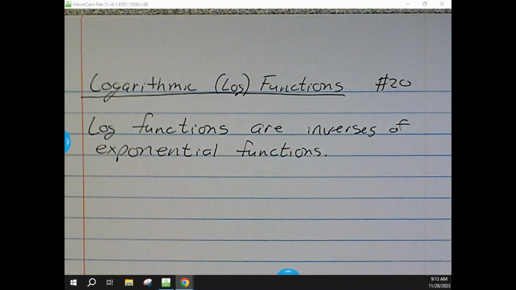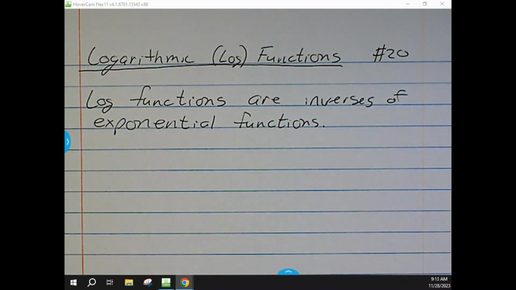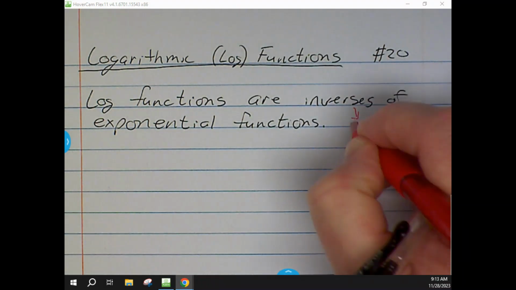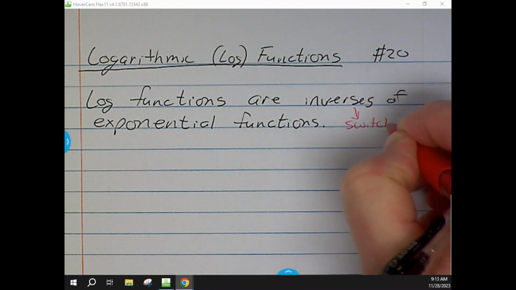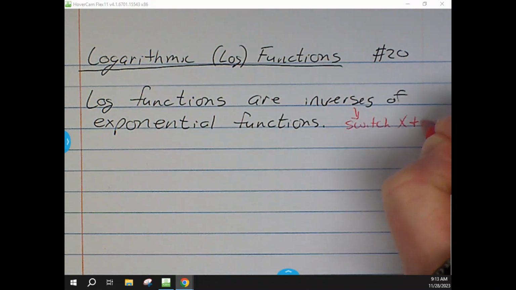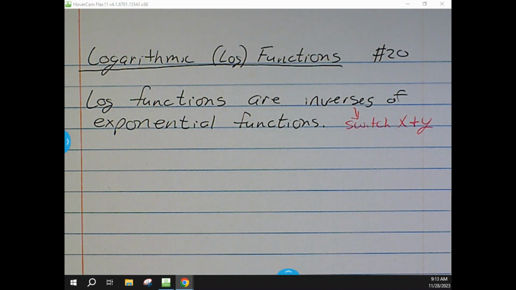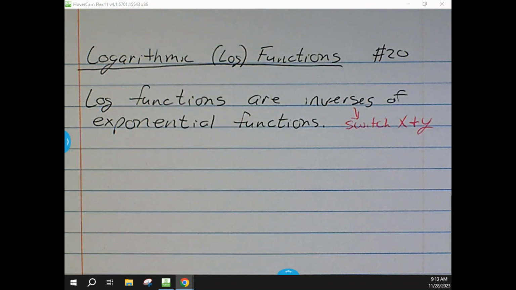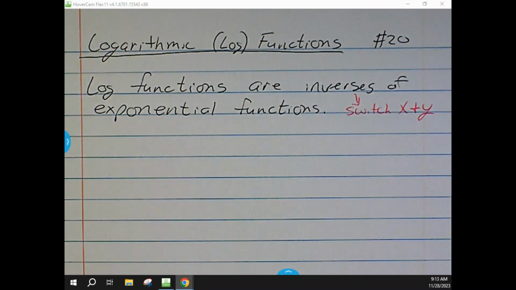Okay, and if you get down to what the basics are for inverses, remember that when you look at it in its basic form, you're going to switch your x and your y variables. Now, if we start finding equations, we do other things with it, but technically, to find the inverses, you're just going to switch x's and y's. That's the reverse operation.